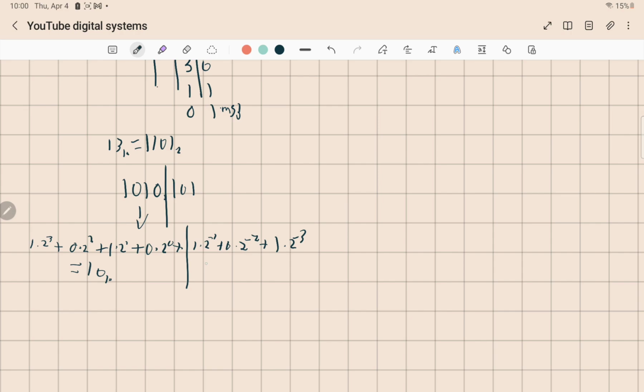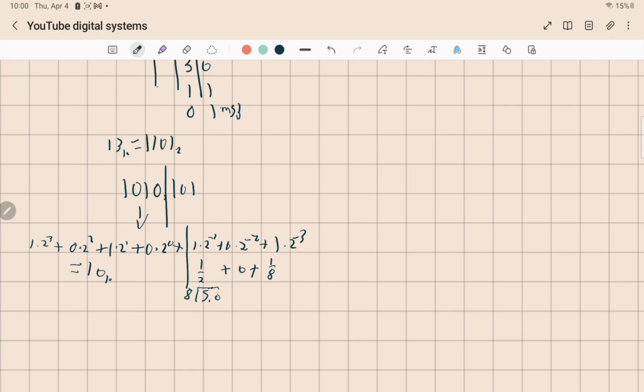This equals 1 half plus 0 plus 1/8. So that is 5 divided by 8.